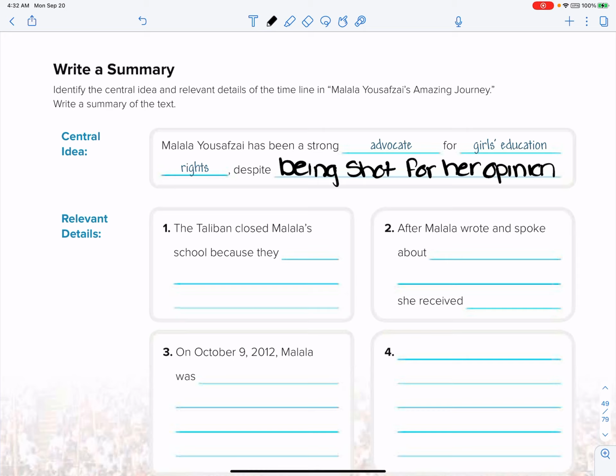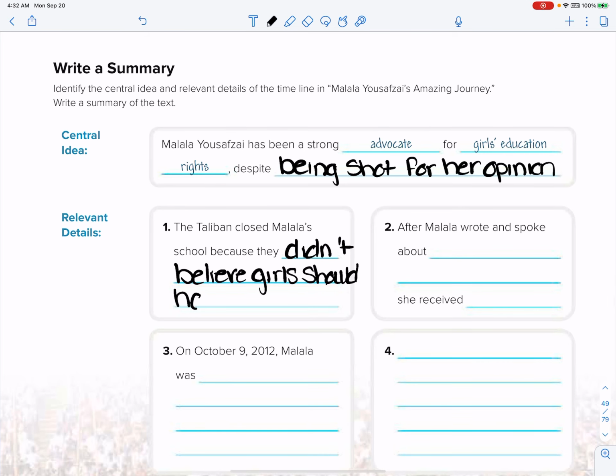And then the Taliban closed Malala's school because, why'd they close it? They did not, or didn't, believe girls should have an education.